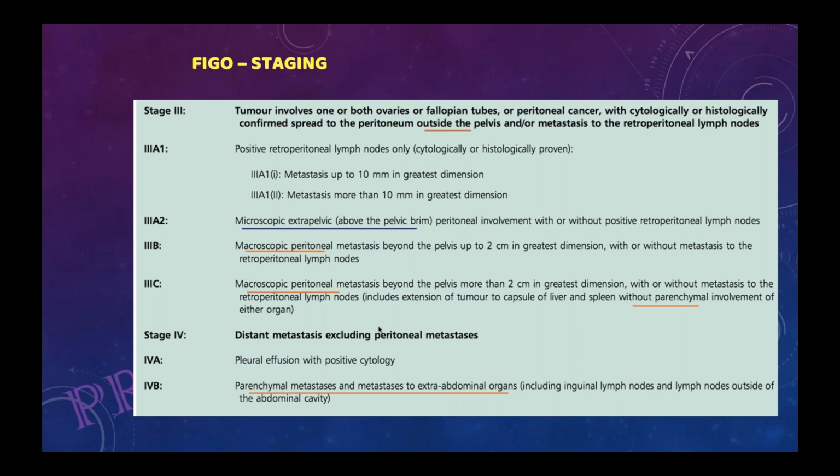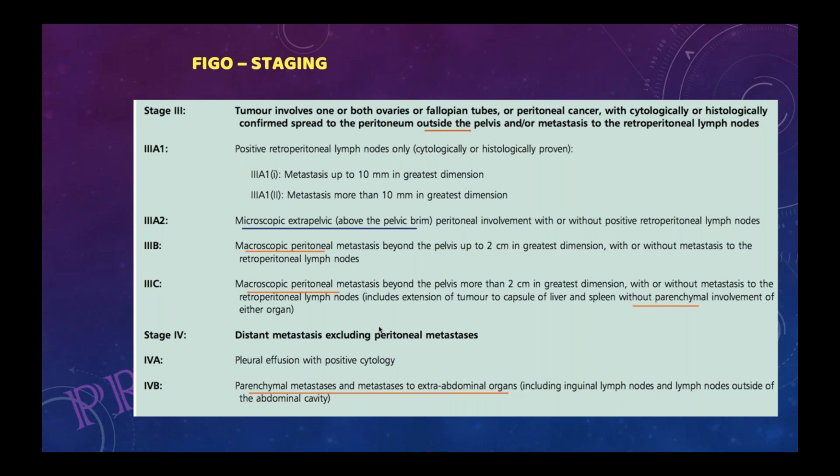When I opened the abdomen, I saw an omental cake, matted omentum, and it was more than 2 centimeters. We said it's stage 3, so that was 3C. We sent it for histopathology and it came back as 3C also. Then we referred that woman for chemotherapy.